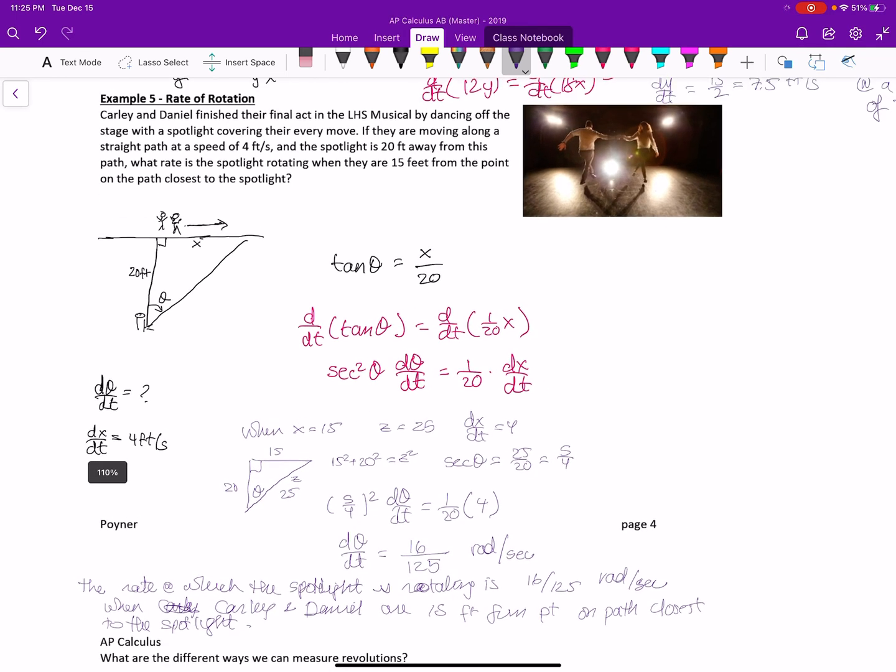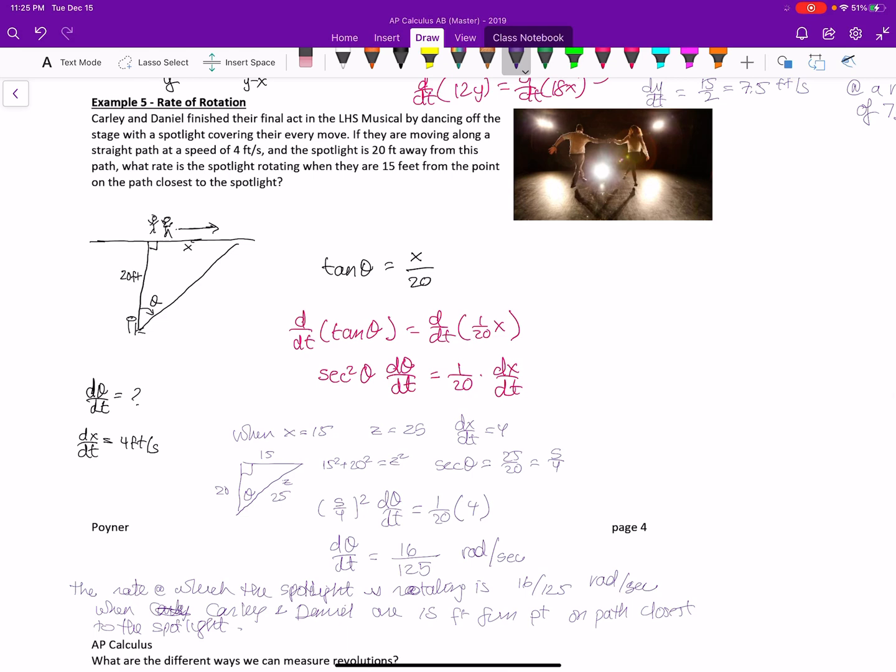And that's example 5 with some trig. Doesn't make it much harder though.